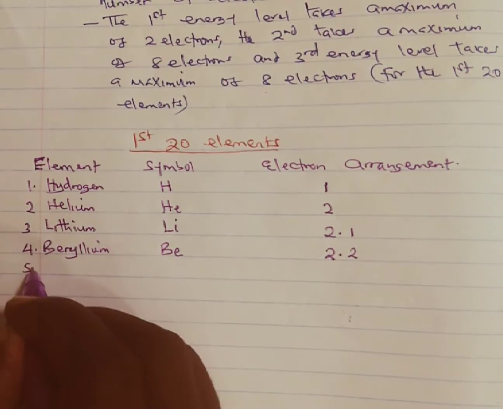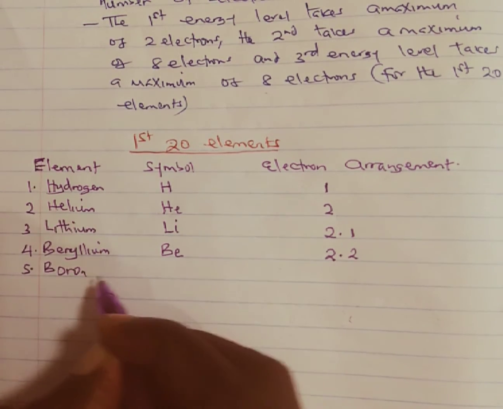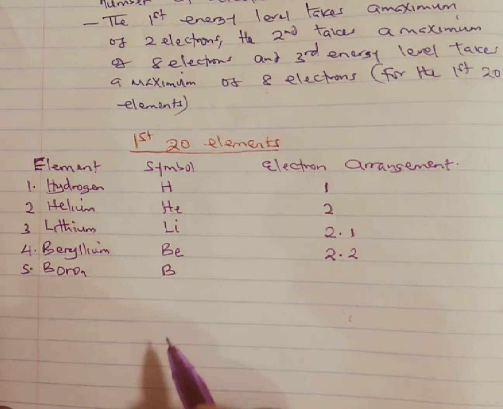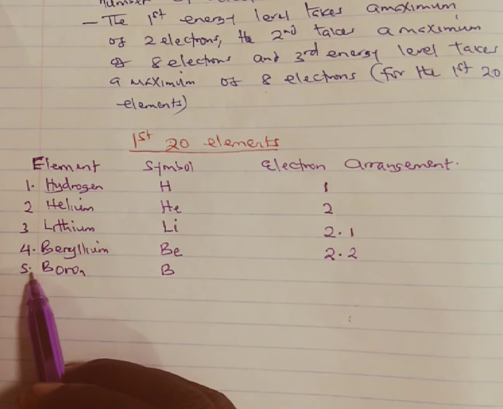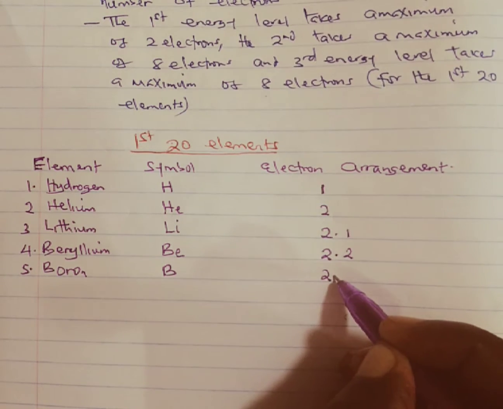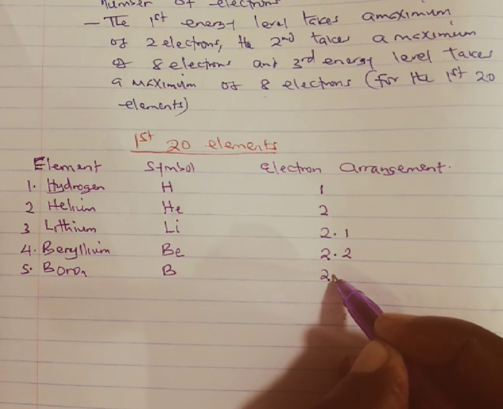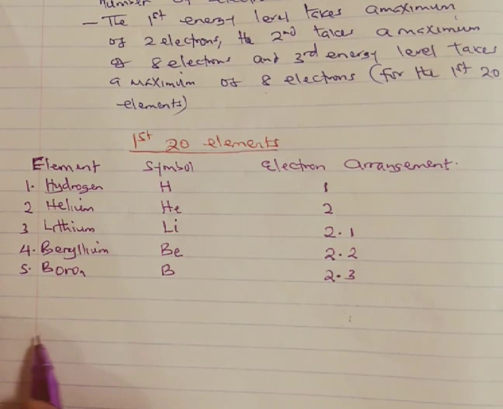Number 5, we have boron, which is represented by the chemical symbol B. And since boron has 5 electrons, the first 2 electrons occupy the first energy level. Then the remaining 3 will move to the next energy level.